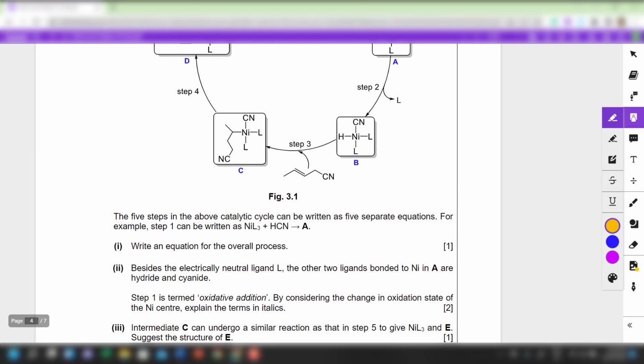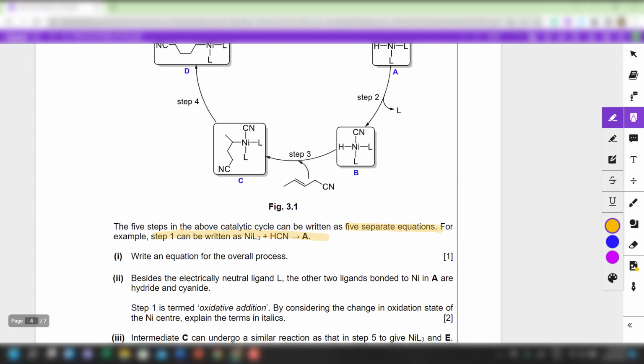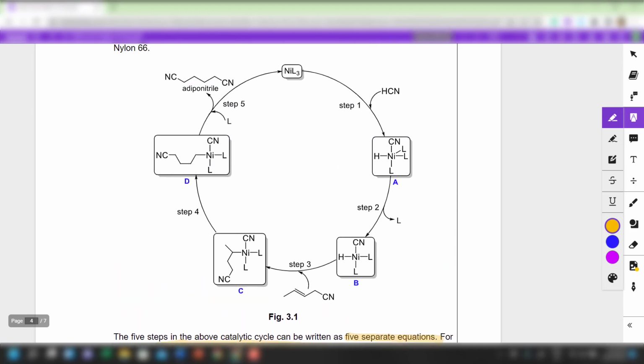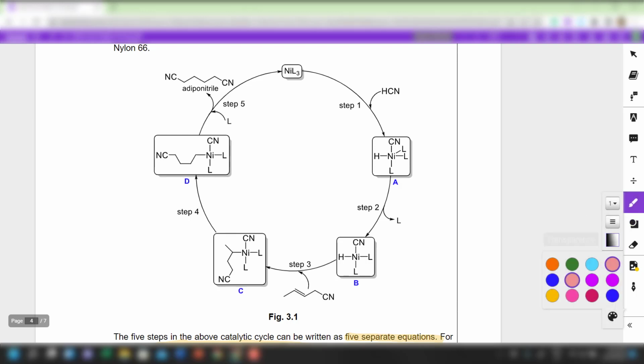So the 5 steps can be written as 5 separate equations. Step 1 can be written as NiL3 plus HCN to give you A. For a catalytic cycle, we are summarizing what happens in separate equations, but we make it a cycle because it's easier to read. So basically NiL3 plus HCN, you get this.